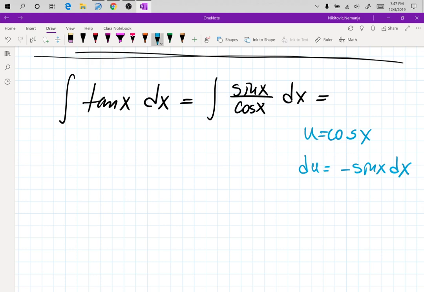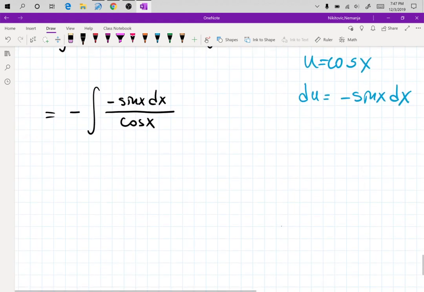We don't have a negative, so we'll fix that. And I have negative integral of negative sine x dx divided by cosine x. Please don't get confused when you see this dx being in the numerator, or multiplied into this side, because it's times dx. You can put it anywhere in the fraction.